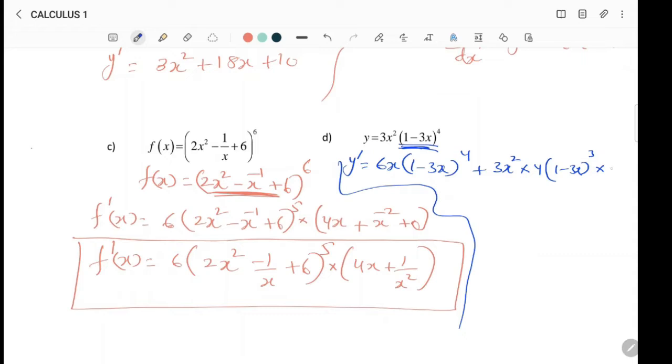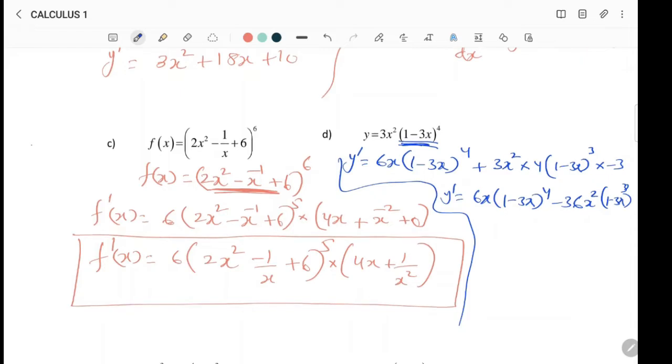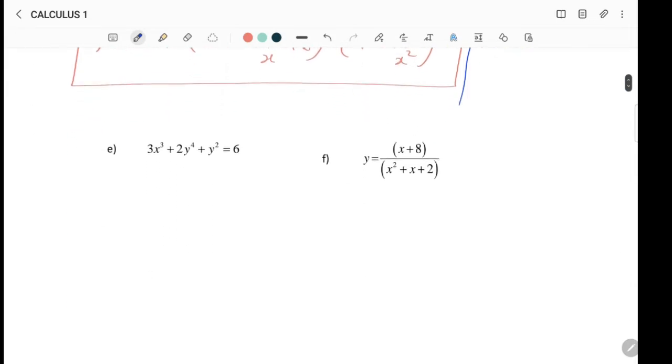So 1 minus 3x differentiation is minus 3. So y dash would be 6x (1 minus 3x) to the power 4. And the 3 times 4, 12. 12 times minus 3, minus 36. And this is x squared (1 minus 3x) to the power 3. Okay. If you want to take common (1 minus 3x) whole cube, then you can take common, otherwise we can leave it in this form as well.